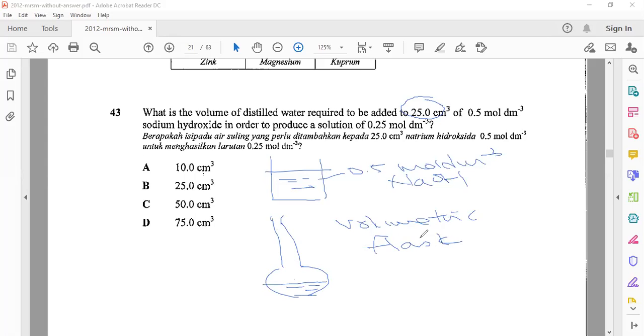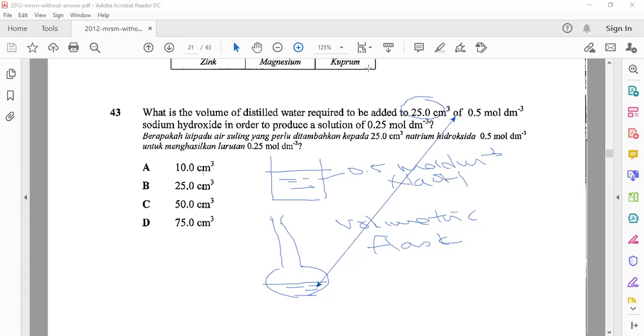Okay, now you are going to put it in a volumetric flask. Therefore, from the question you see, you have the 25 centimeter cube, 0.5 mole per decimeter cube of sodium hydroxide solution here.